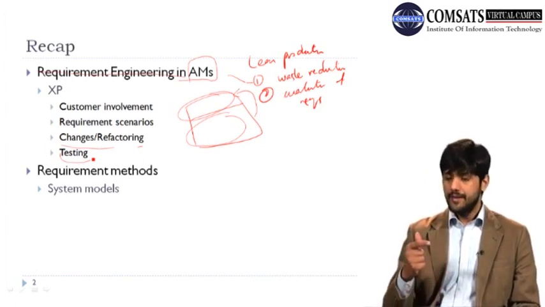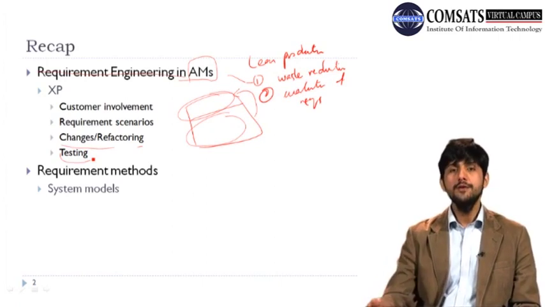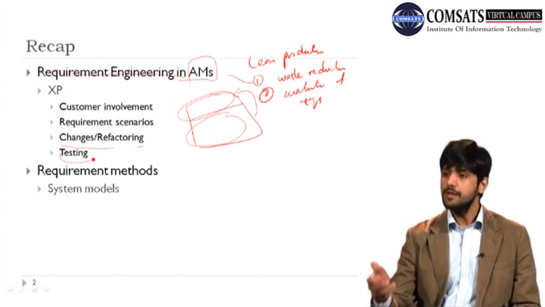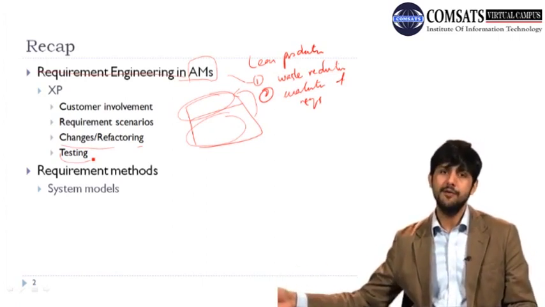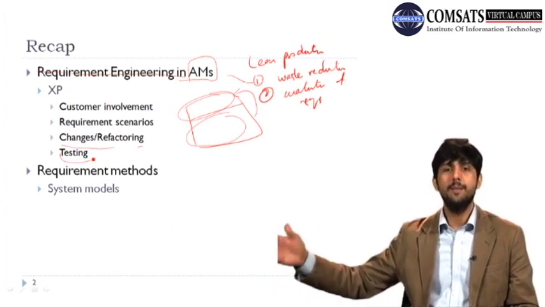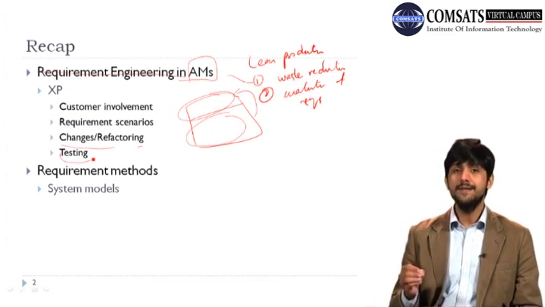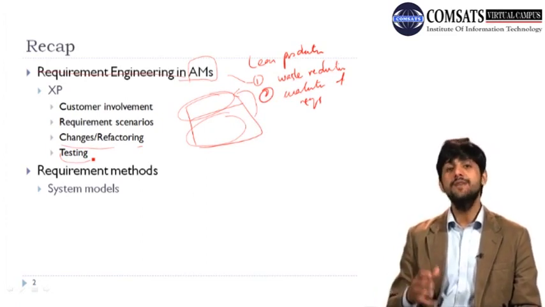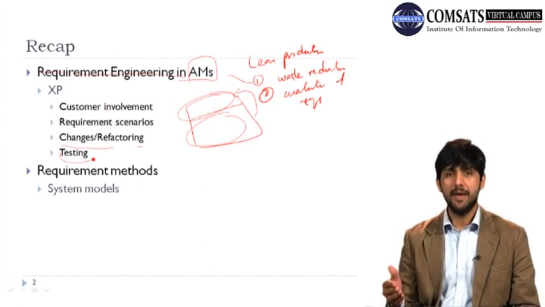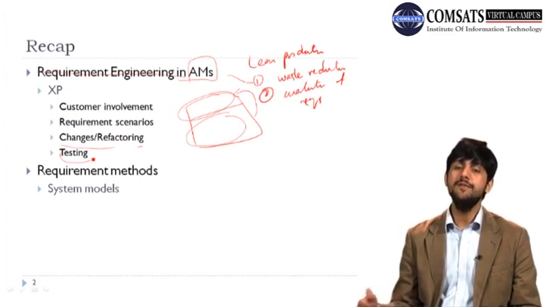And we said that depending on the method you pick, you will follow a different process for requirement specification, or for requirement engineering. And the system representation in the form of system models would vary as well depending on your choice of method. So a different method would produce a different kind of system models.